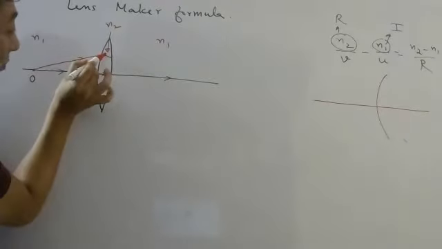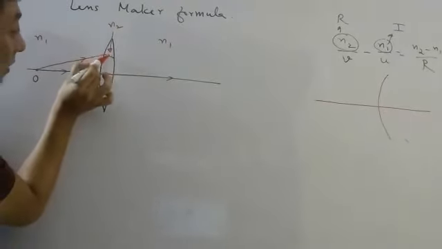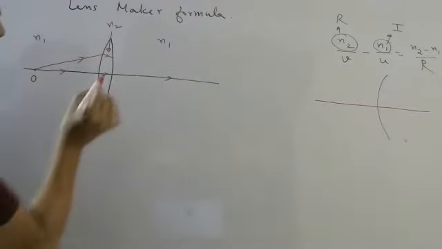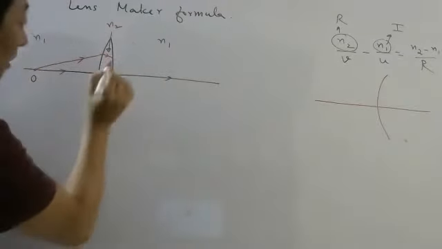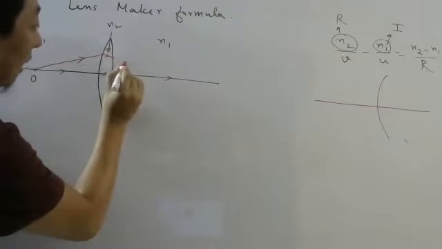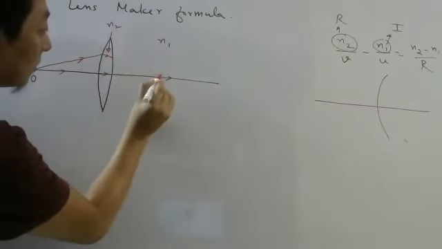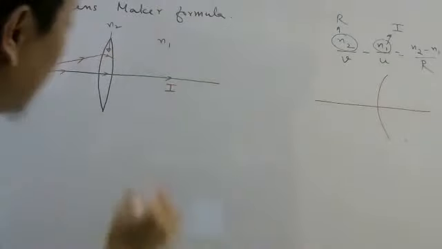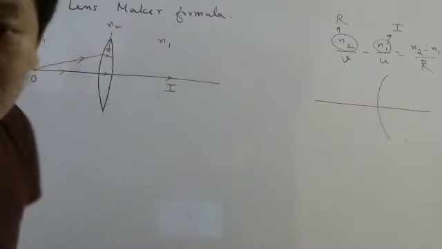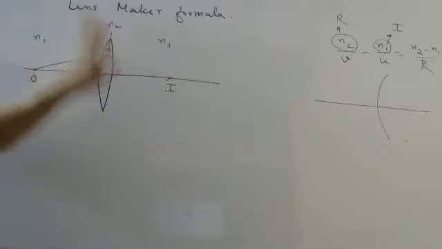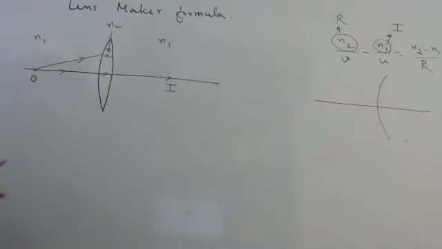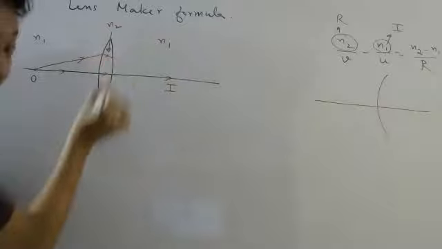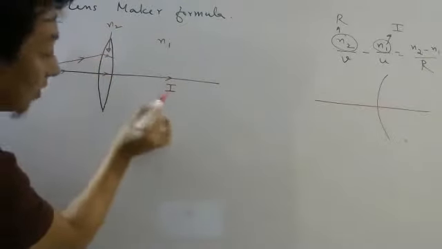So this is your refracted ray. But if the second surface was not there, it would have continued, and this would be your image. This part is exactly the same as before. If this surface was not there, the image would be formed here.